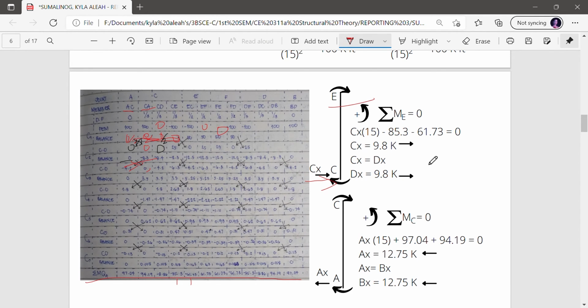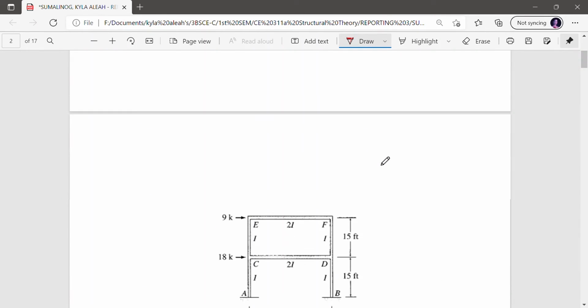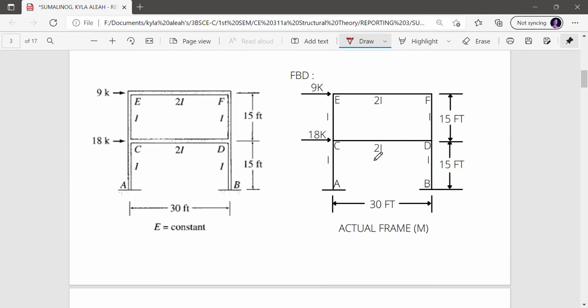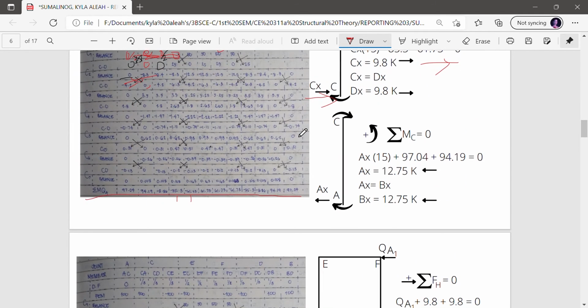So CX will be 9.8 kips, and it is going to the right, so that will be positive. And CX and DX have the same length here. The DF and EC are similar and parallel and have the same size, so it is just the same.